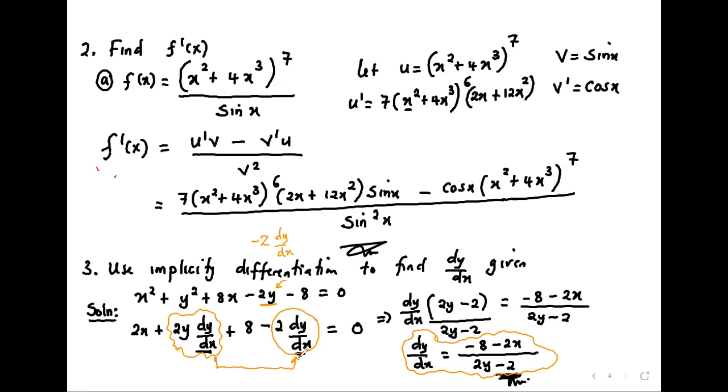So because dy/dx is common, you put it out, dy/dx. What remains here is 2y, there is 2, equal to whatever remains, we take the other side.